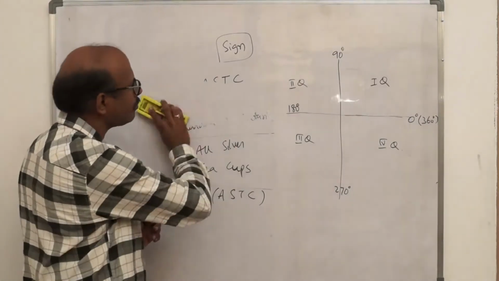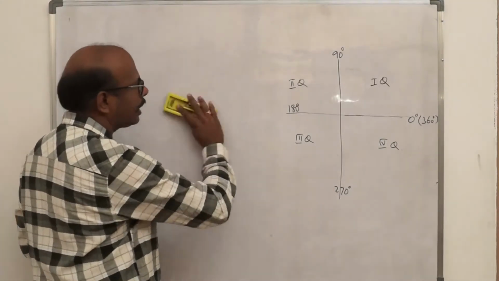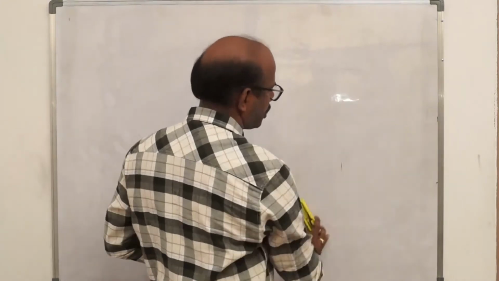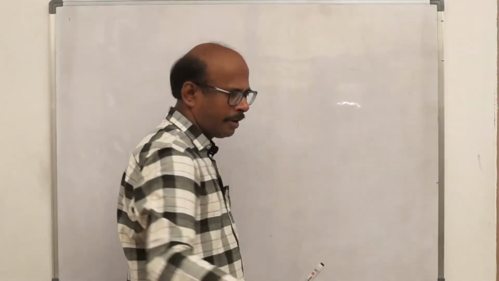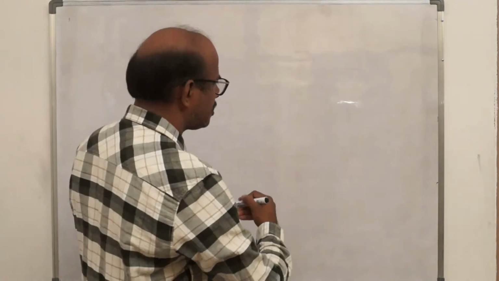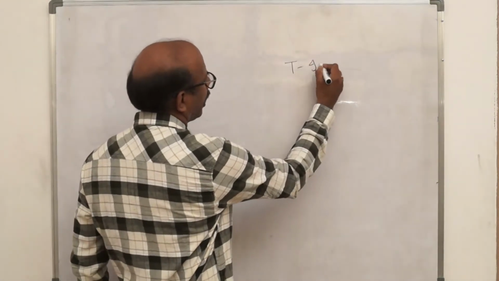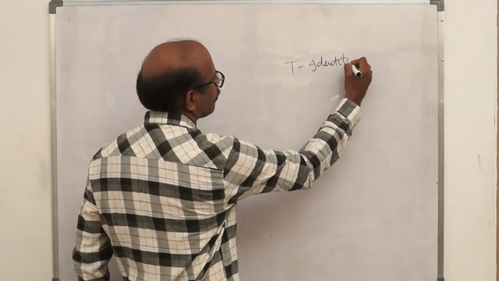Now, one important link in the trigonometric ratio chapter is the basic trigonometric identities.